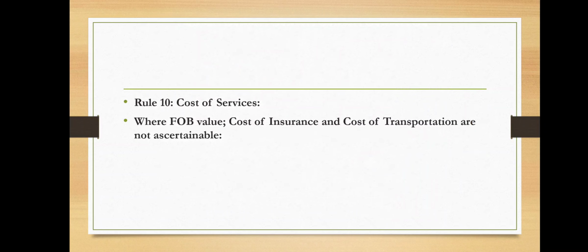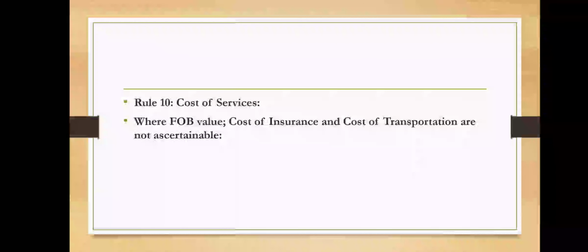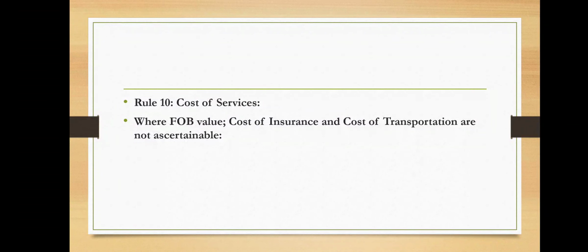So rule 10 is there for the importation of goods, that is nothing but the cost of services, the total cost incurred for the services, taken as per the calculations. And if the FOB value, cost of insurance and cost of transportation are not given, how do we calculate? As per rule 10 sub-rule 2 proviso 3, we don't know the FOB value, we don't know the cost of insurance, we don't know the cost of transportation.